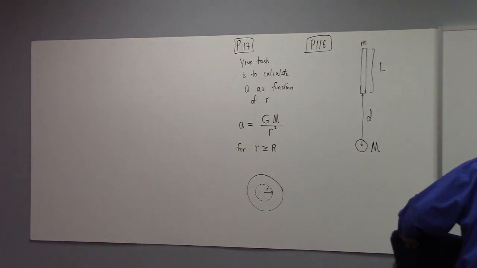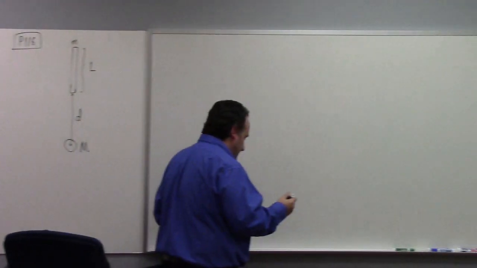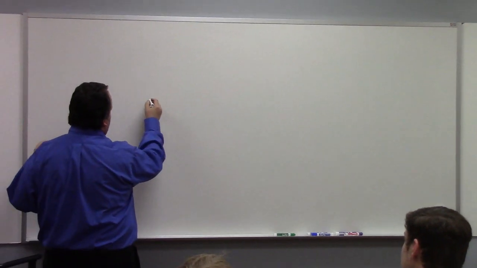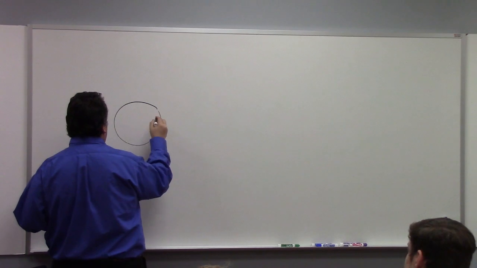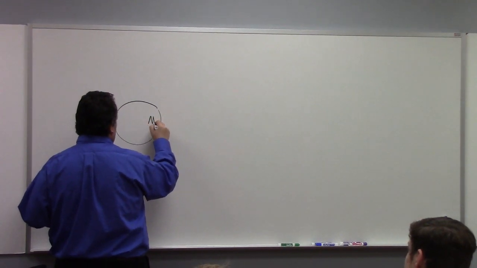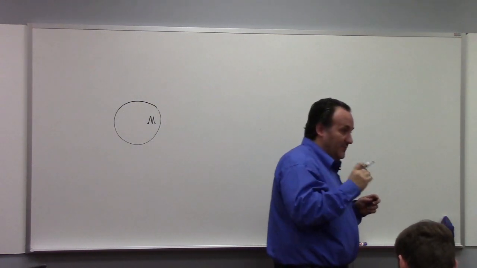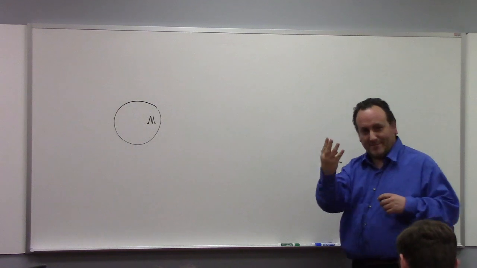I will do, suppose, so this is worse than your homework, but I think it's instructive. All right, so suppose you've got a mass, big M, a planet, and then suppose it has not 1, not 2, not 3, 4 moons.